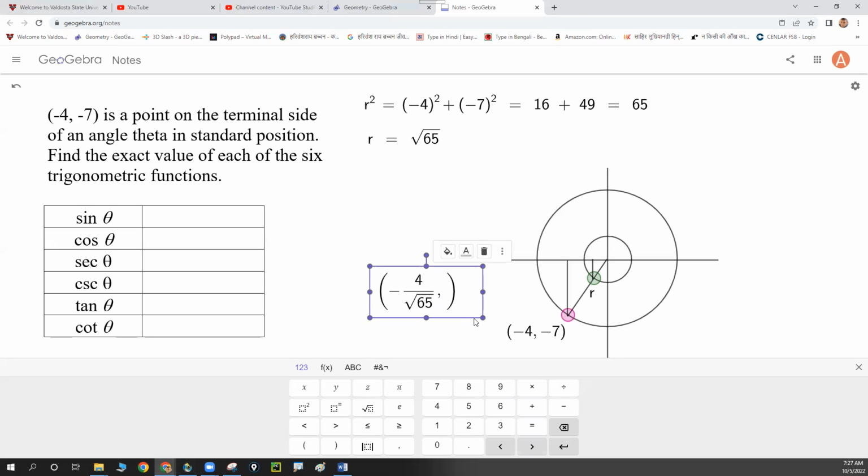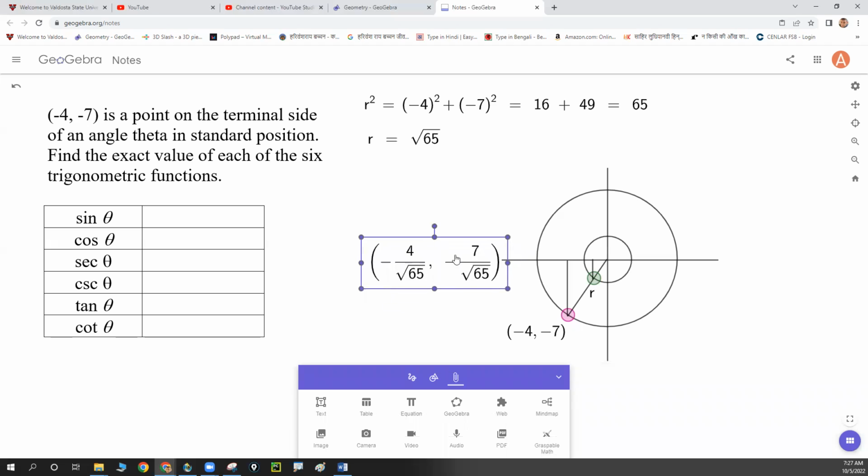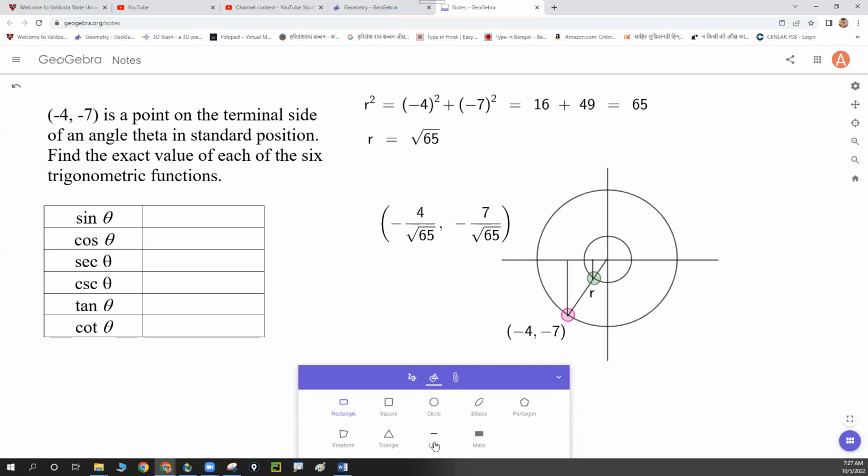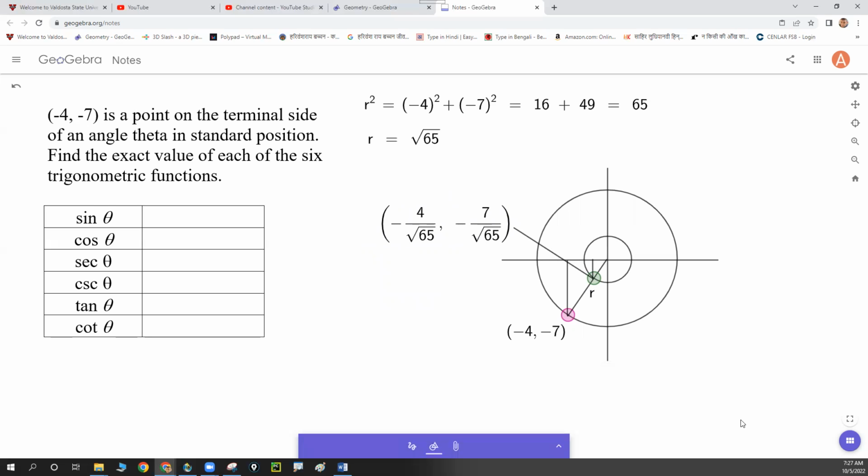Don't write 65. That would be incorrect. So the coordinates of the green point are as follows. Okay, guys, this is a very important concept. You really want to understand it. All right, you're going to see this problem again and again.